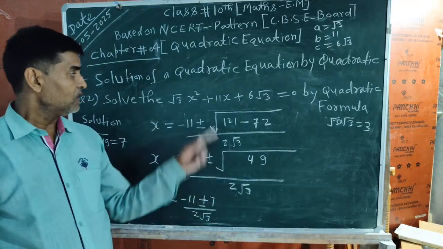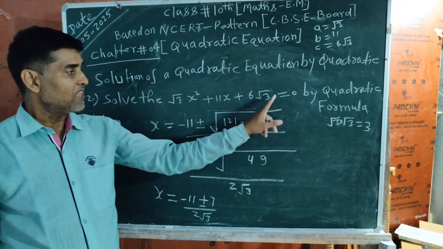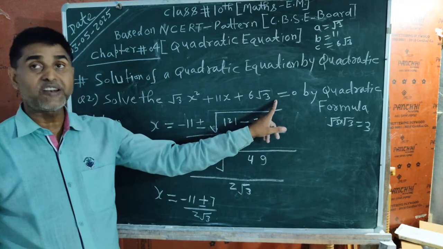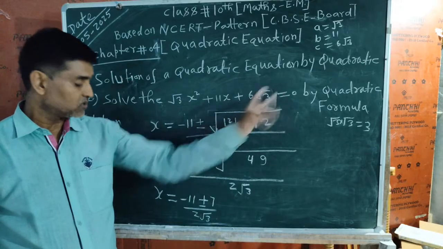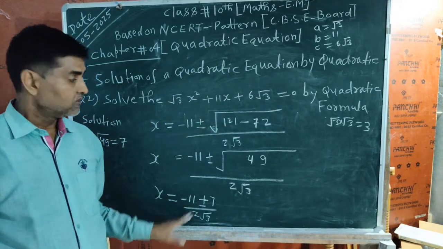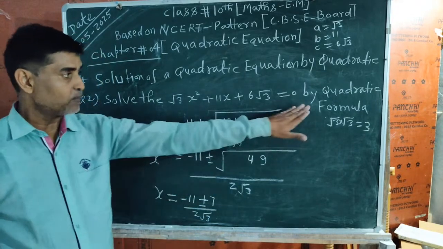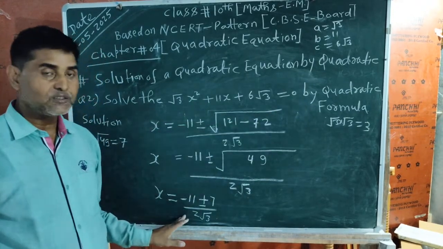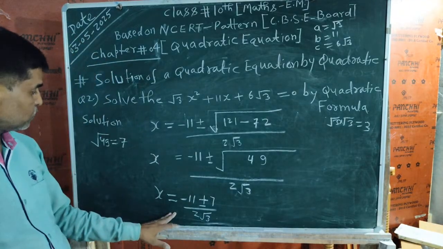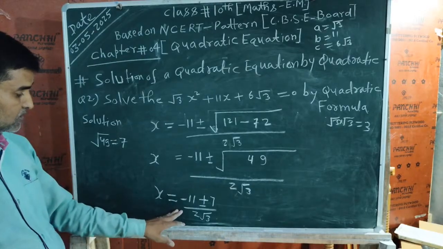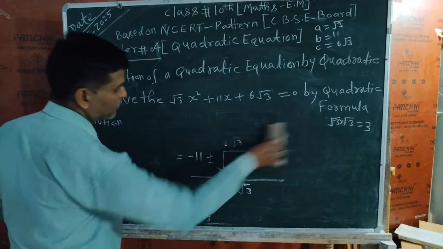In that way I can say that this quadratic equation will have two roots, and both roots can be obtained by using this quadratic formula, and after simplifying we will get the values of the roots. Okay students, so I am going to use condition 1 and condition 2 also for getting the particular values.